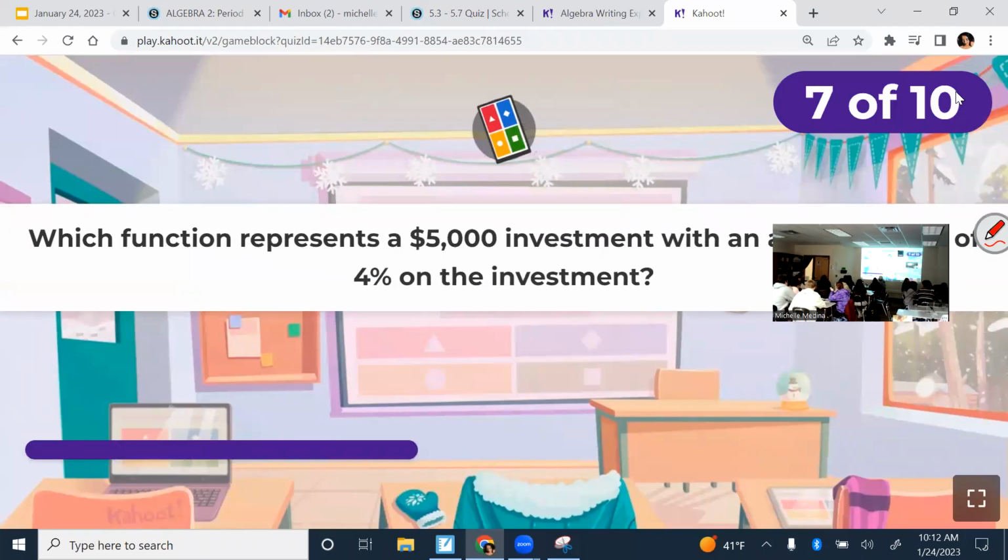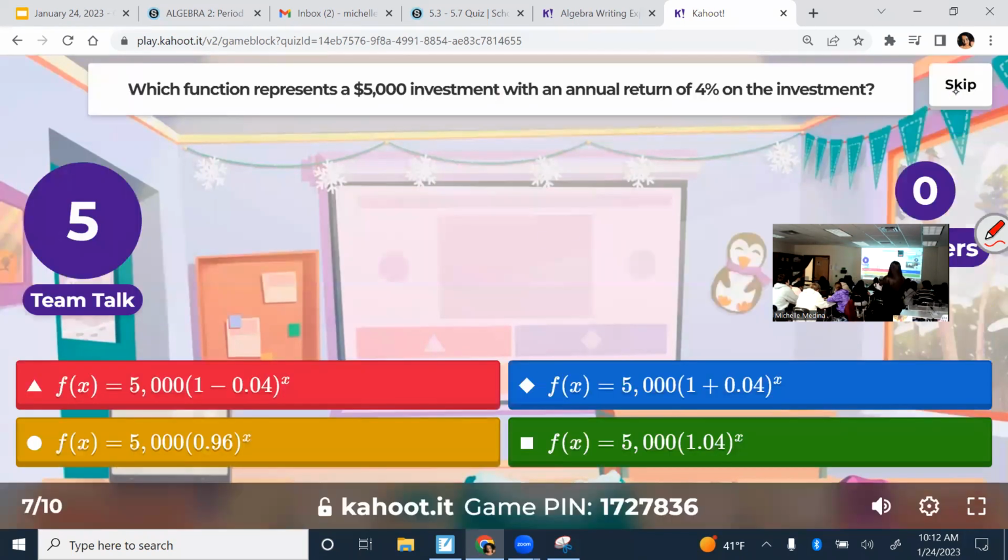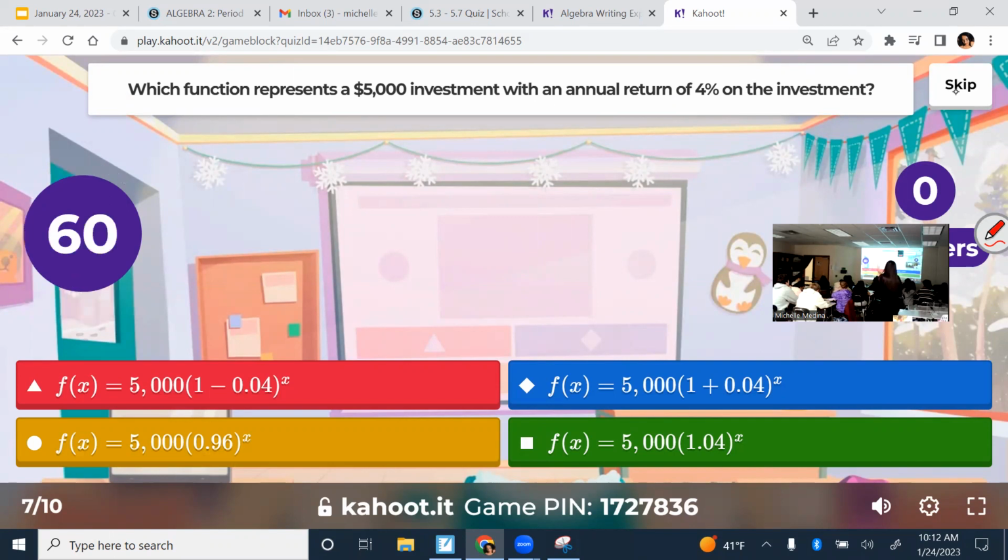Which function represents a $5,000 investment with an annual return of 4% on the investment?